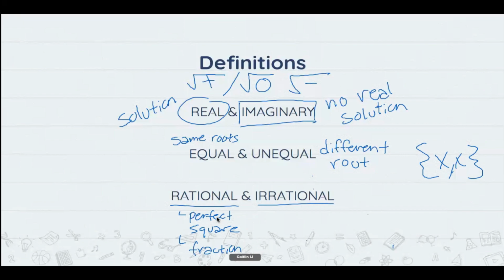But irrational can't be written as a fraction. So these are basically what each of these 6 terms mean.